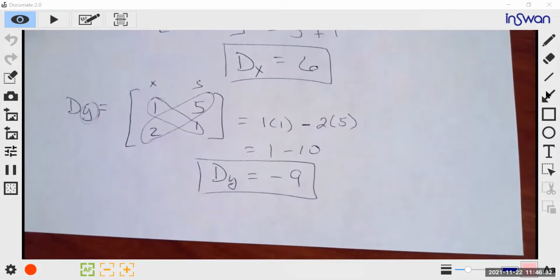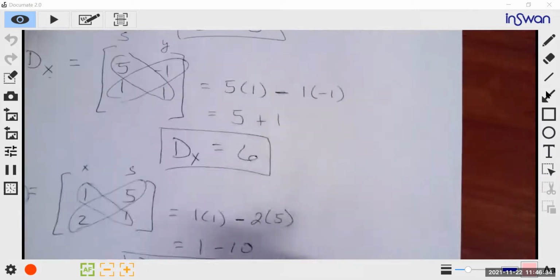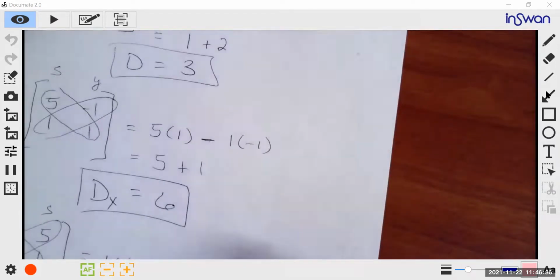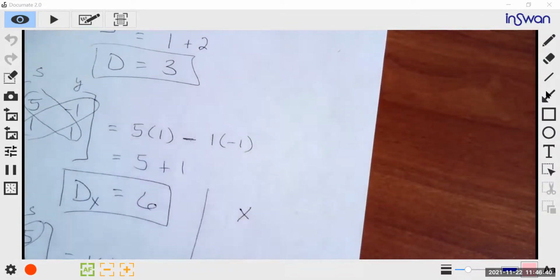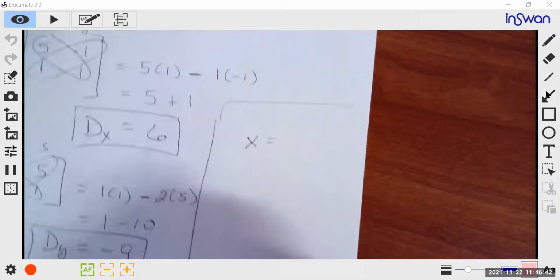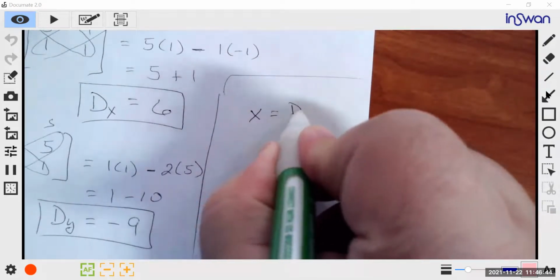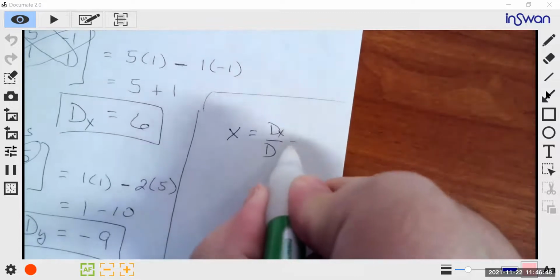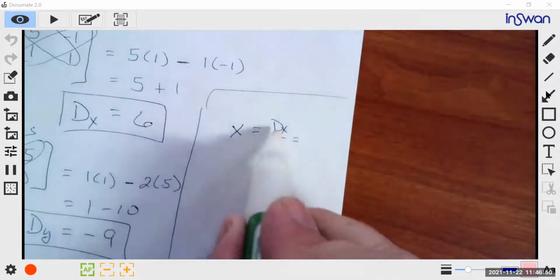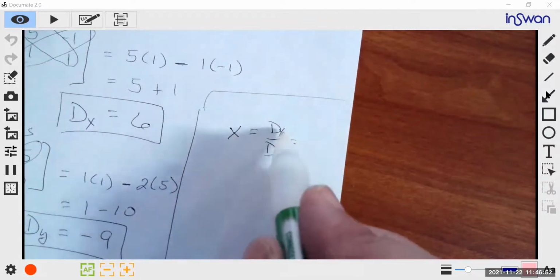So far, so good. Now we have to know what x and y are. So to solve for x, I take dx over d. Because if I look at it this way, the d's cancel, I'm just left with x.